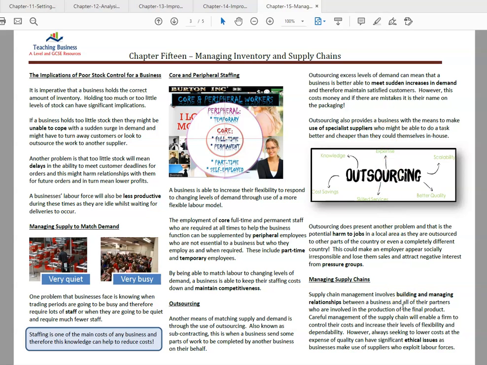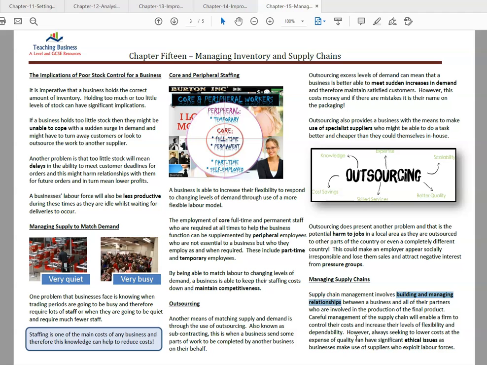And then, of course, you have to manage those supply chains. You have to have, as it says here, relationships between the business and their partners to ensure that you are sure of their reliability. Remember things such as the ethical issues.